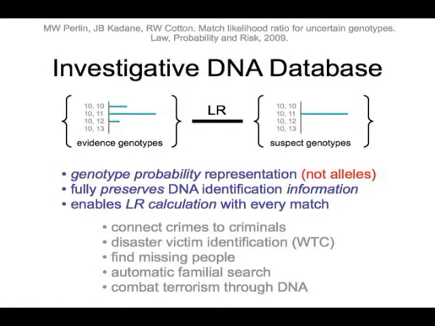In the same way that one can preserve these genotypes when analyzing a case and then form a likelihood ratio by plugging them into a formula, an investigative DNA database can do exactly the same thing. Instead of looking at allele sharing or heuristic methods to see what might be there, high stringency, low stringency, whatever, it just produces a likelihood ratio. And to do that, you need a genotype probability representation.